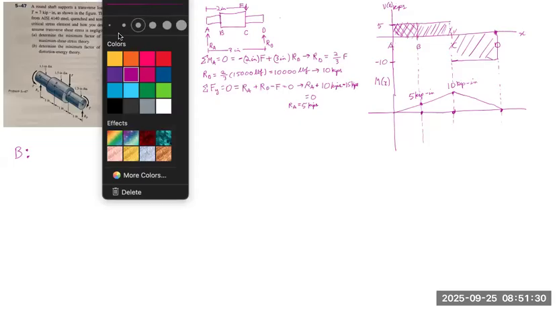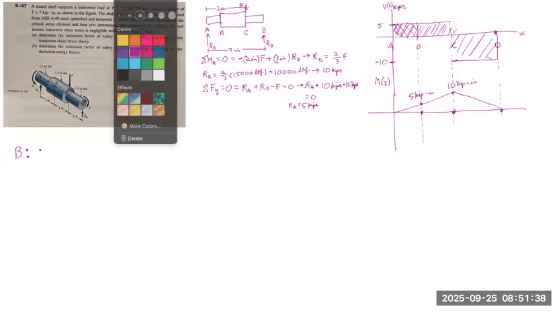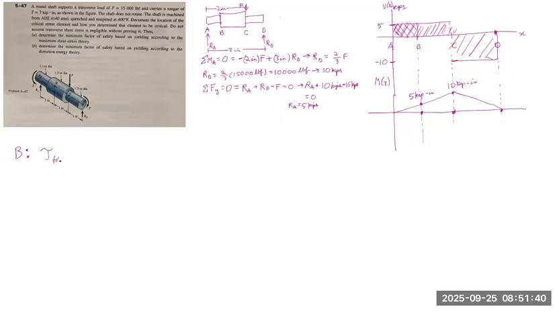So now, using what we know, we have that tau torsion is equal to the torque times rho, the radial distance, over the polar moment of inertia, which is thus equal to T times the diameter over 2, over pi times the diameter to the power of 4 over 32.